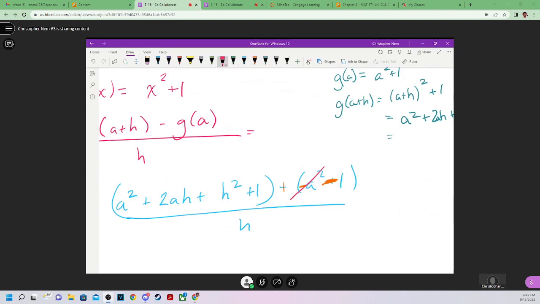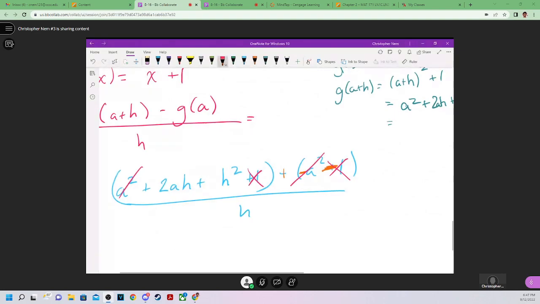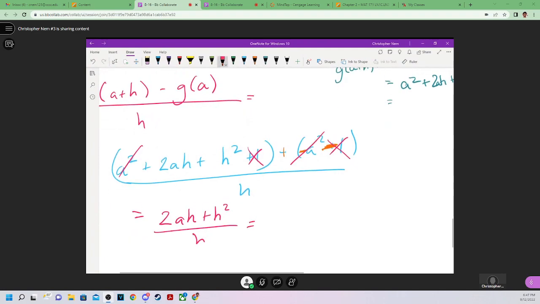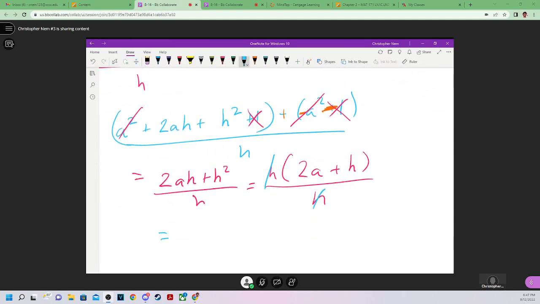This cancels out with this, so we're left with 2ah plus h squared over h. I can pull a GCF of h. I get h times 2a plus h, all over h. I have one term on top, one term on bottom, which means I can cancel out. Boom. Nice. And I'm left with 2a plus h.